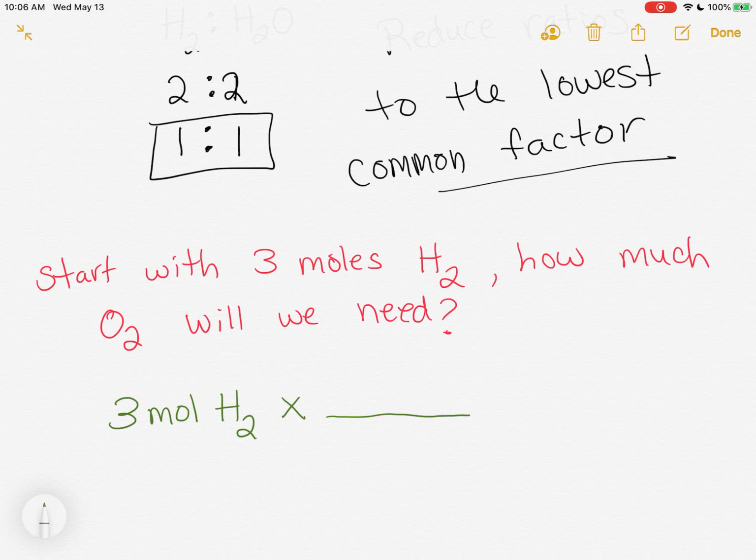Now, this conversion factor is going to be our mole ratio, okay? Very, very important here: what goes on the top, what goes on the bottom. So we want to put moles of hydrogen on the bottom. And since we want to find oxygen, we are going to put moles of oxygen on the top.